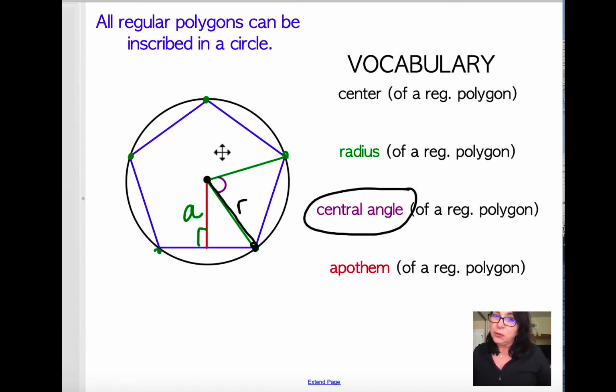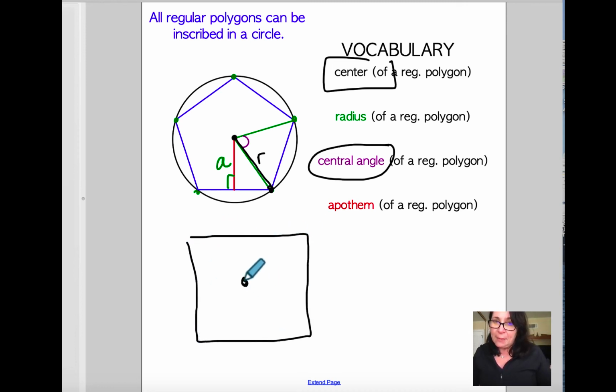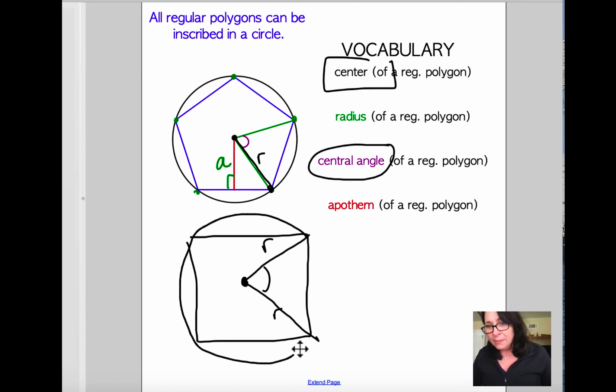Now, a central angle starts at the center of your shape. It could be a square, it could be whatever it is. So like if I drew a square, from my apothem, I would go to each corner, right? Like that. And those are my radii. Radii is the plural of radius. This angle at the center, especially if this was inscribed in a circle, is what we call my central angle.